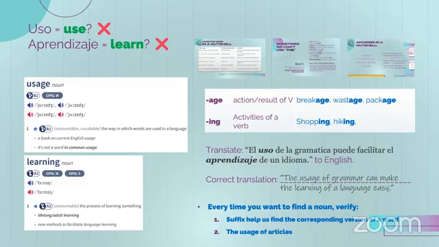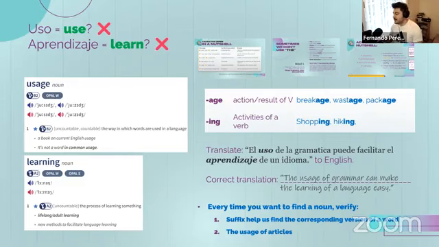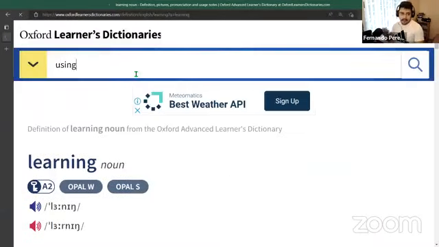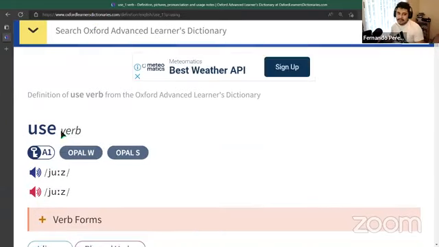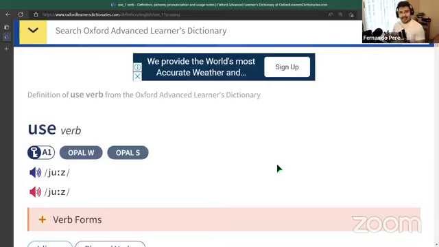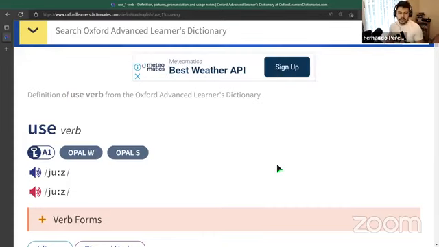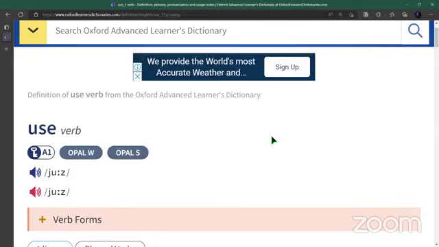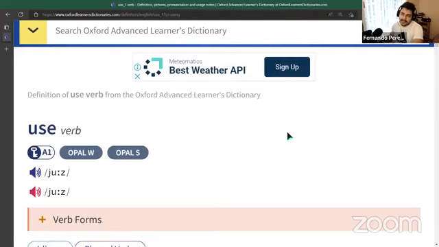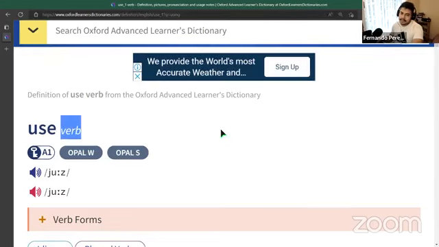The only way is by using the definition. If you enter the dictionary and you look for using, automatically it will take you to the verb. This means that it's not common to use using as a noun. That's the first index that you can say, okay, using is not the correct one because I get the verb in the dictionary.